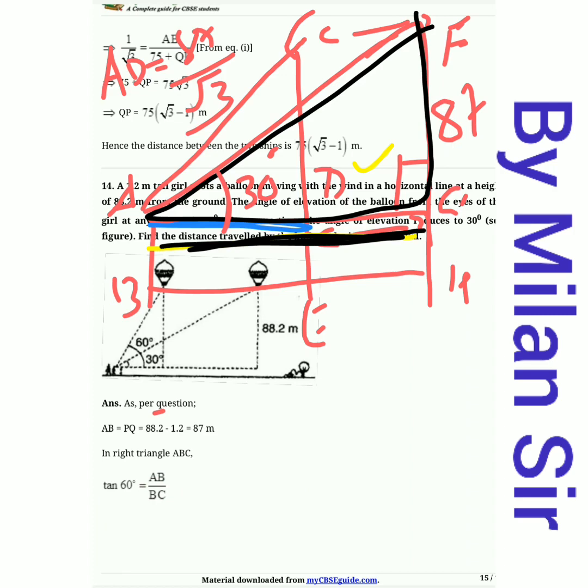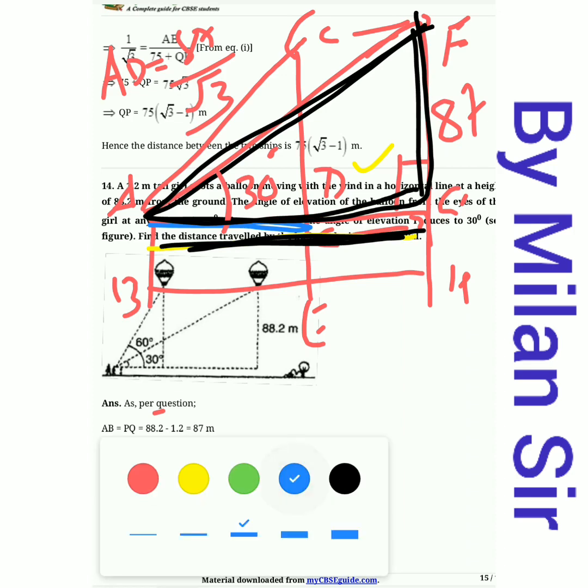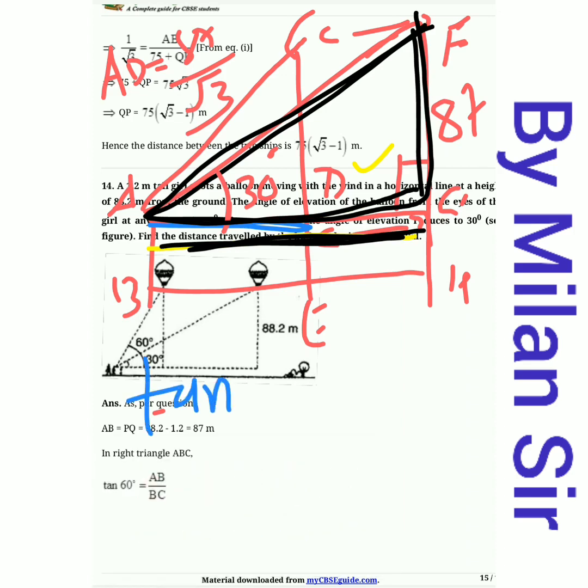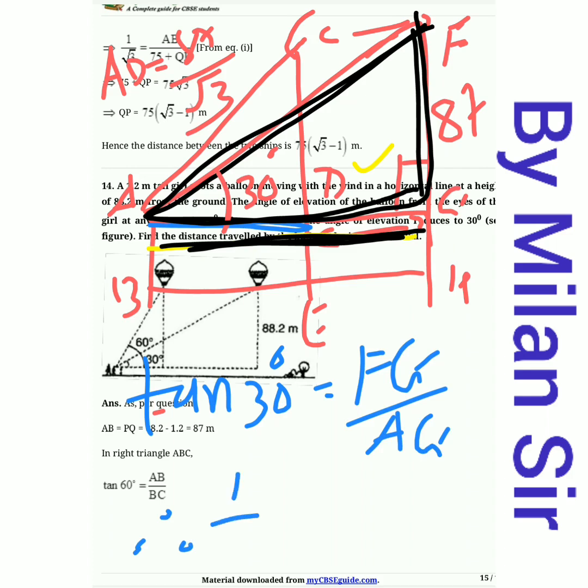Right now we use triangle AFG. Okay, so tan 30, opposite side FG, it's 87, and adjacent side, it is AG. Value of tan 30 is 1 upon under root 3. FG, it is 87 upon AG, that we need to find.